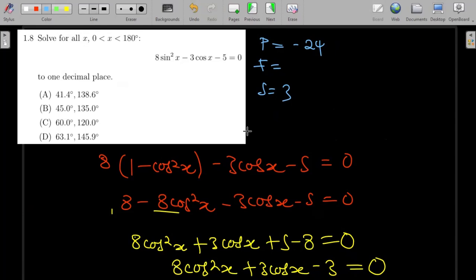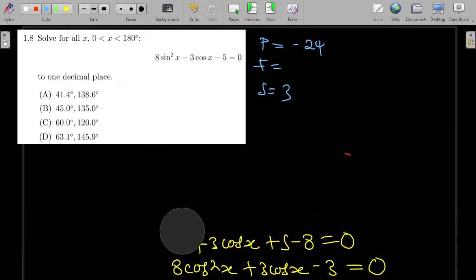Are there any two numbers that we can use in order to achieve that? I think there are no numbers that we can use. So what we are going to do is use the formula method, because we can't find the factors.